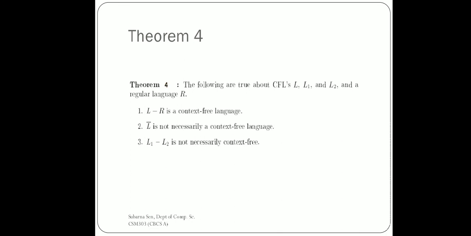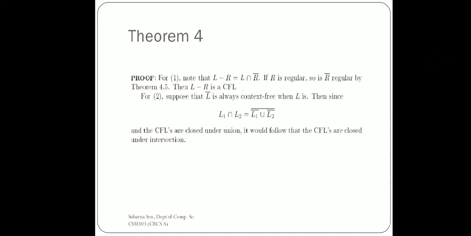It may be, it may not be. In which case it will be a context free language, we will see in the next slide. And if we subtract L2 from L1, it is again not necessarily context free. These are special cases. In some cases it may be a context free language, in some cases it may not. You cannot say this is closed. This is closed only under certain specific conditions.